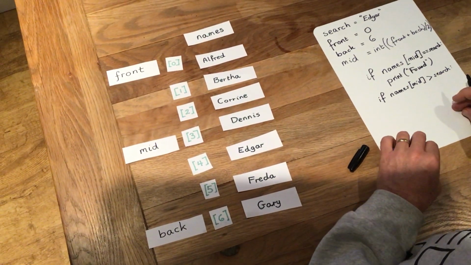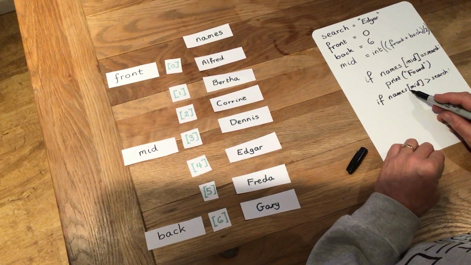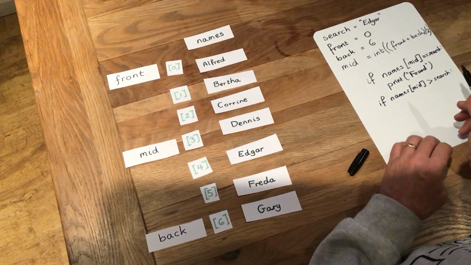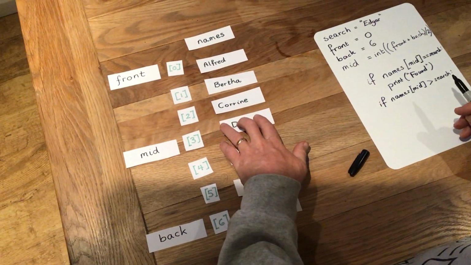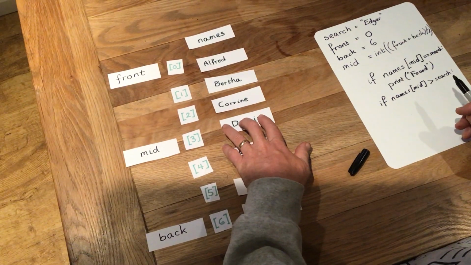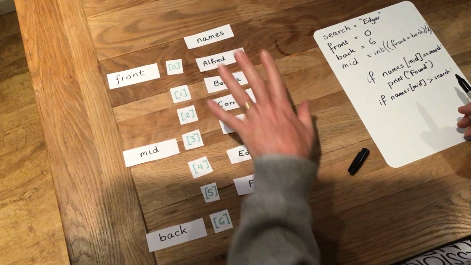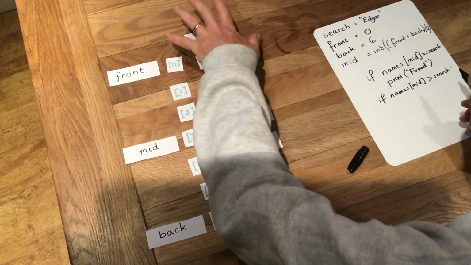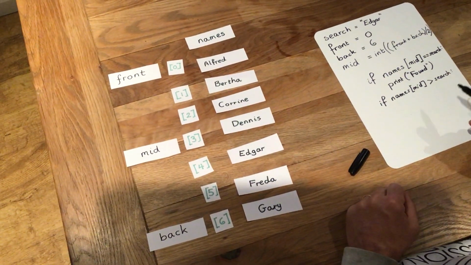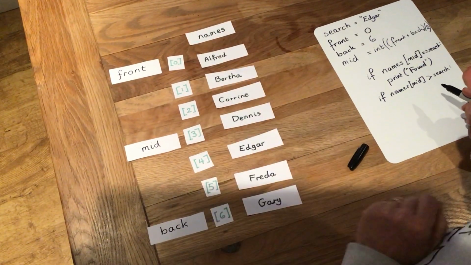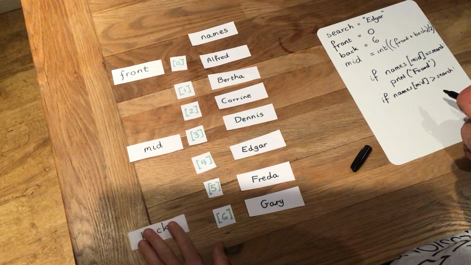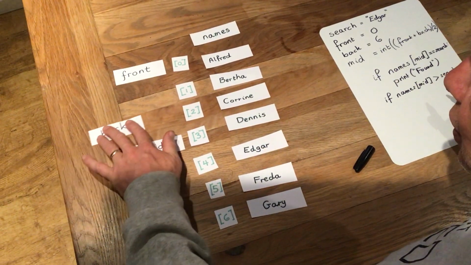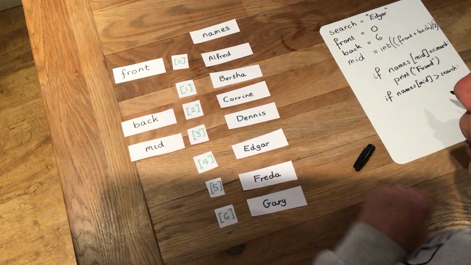So let's think here. If names mid is bigger than search, so if Dennis was to be bigger than what we're looking for, we know that what we're looking for must be down there, must be in that area there. And the easiest way of making it fit that area there is to move the back variable to 1 less than mid.